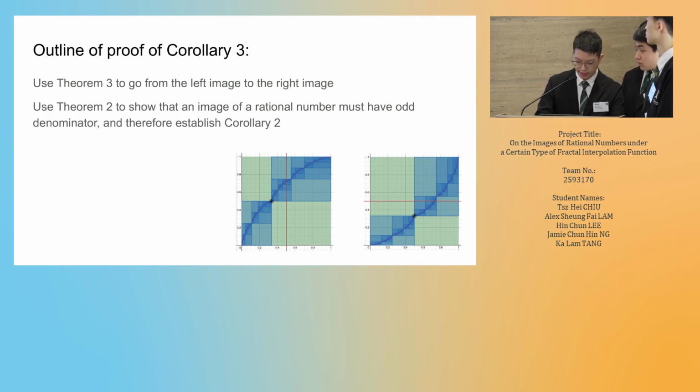So therefore, you can consider this, which is equivalent, this situation. And then theorem 2 says that because rational numbers always get mapped to rational numbers with odd denominators, it can't actually be 1/2, and therefore 1/2 doesn't get mapped to a rational number in this function.